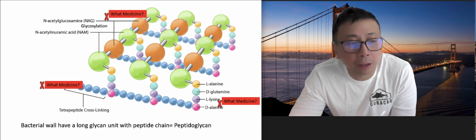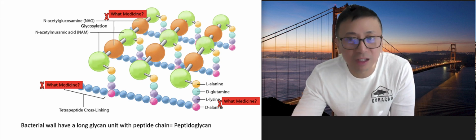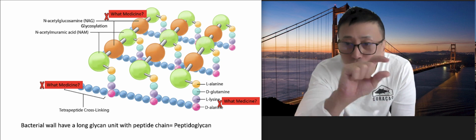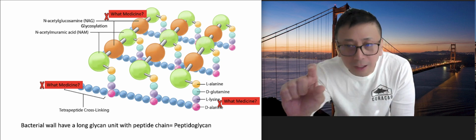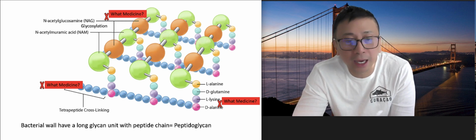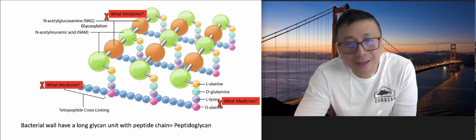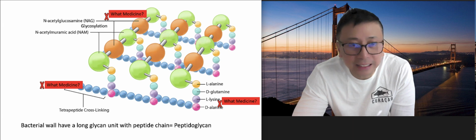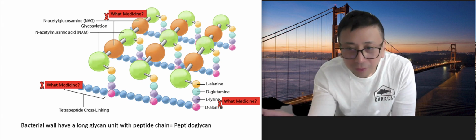Bacterial walls have long glycan units. It forms like a very long peptide chain, and that is what we call peptidoglycan. So peptidoglycan is the shape, right?